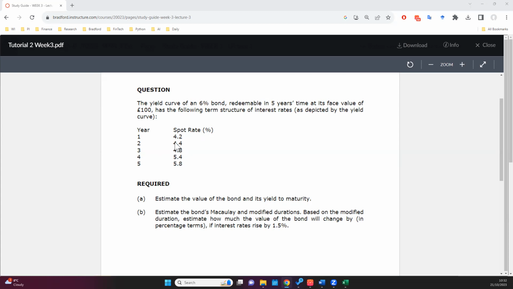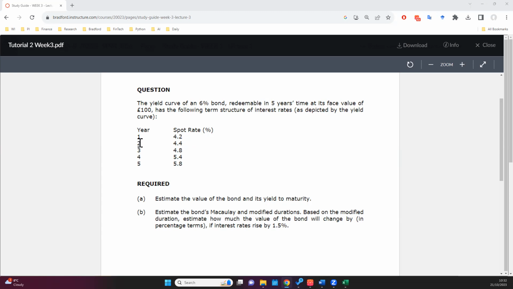The following interest rates are spot rates, and they are basically the rates to borrow and lend for specific times to maturity. And basically, we can say that they are yield to maturity for zero coupon bonds. So if we have a zero coupon bond with a maturity of 1 year, its yield to maturity is 4.2%.